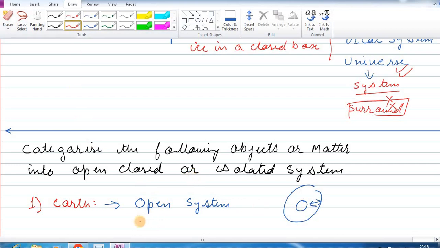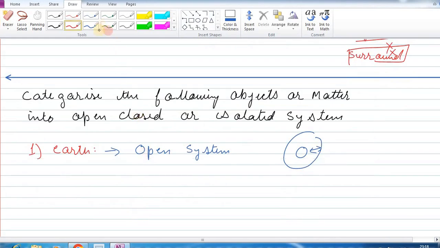Earth receives energy from the Sun, and it also radiates energy back to the universe. So there will be exchange of energy in the form of heat. So Earth exchanges both energy and mass, because we have meteor showers from the universe to the Earth.